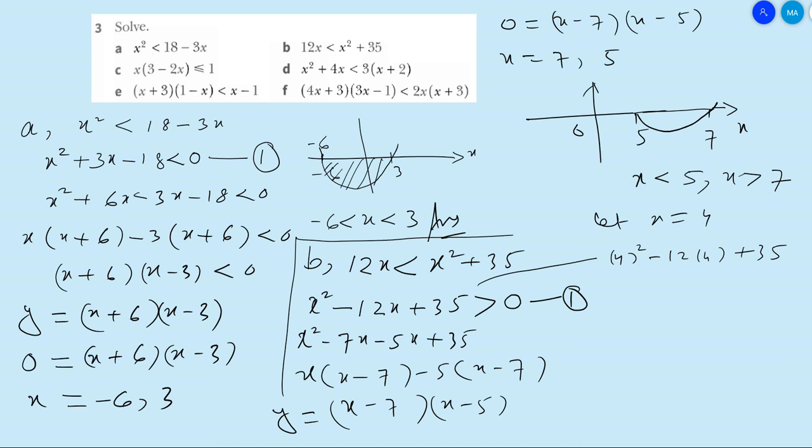Final answer is 3, and 3 is greater than 0. It means x is less than 5 is satisfied.